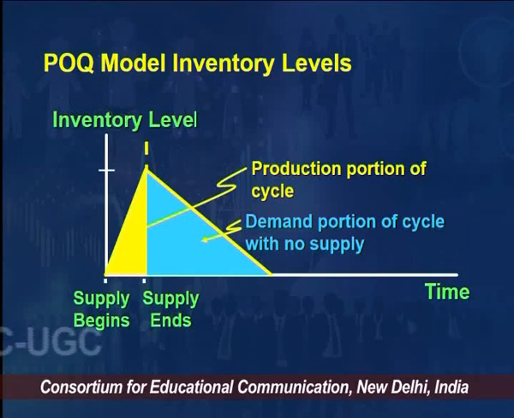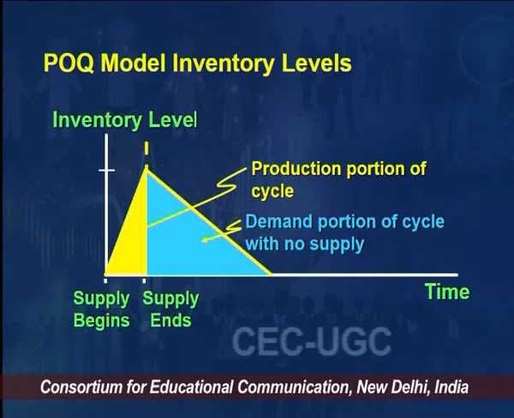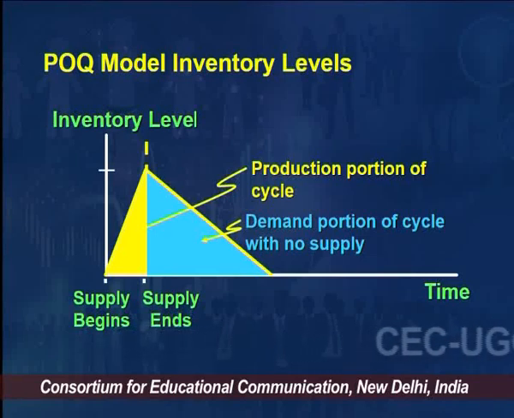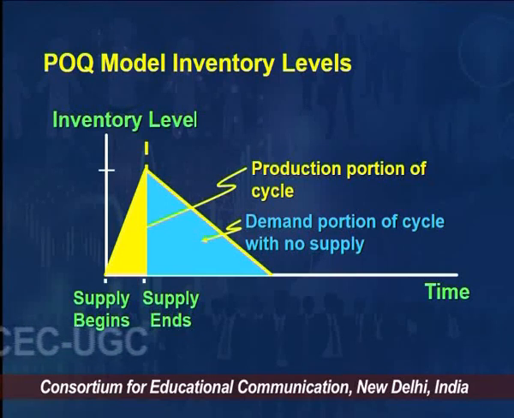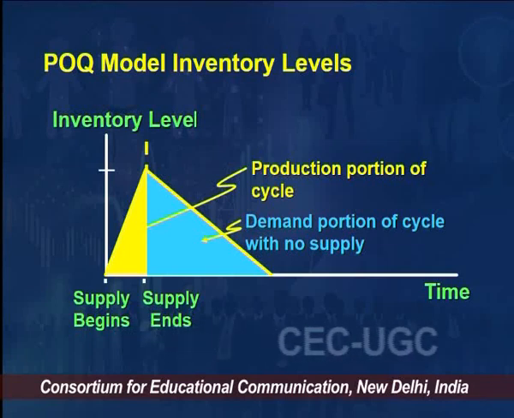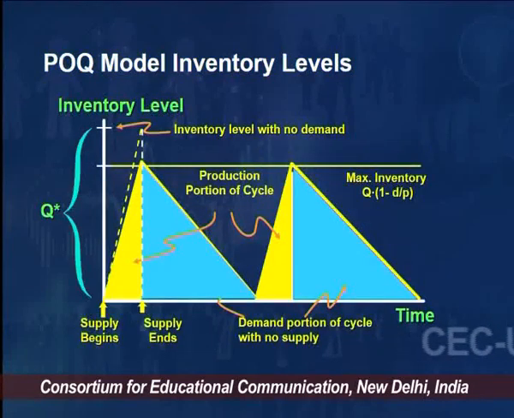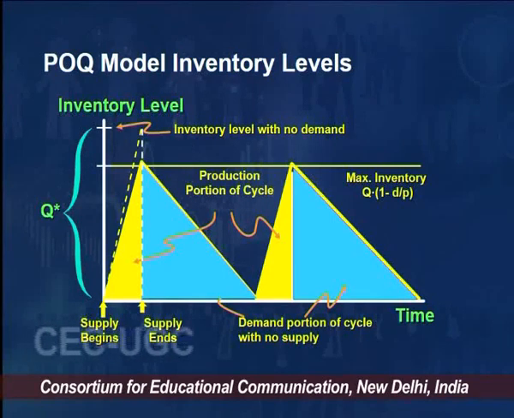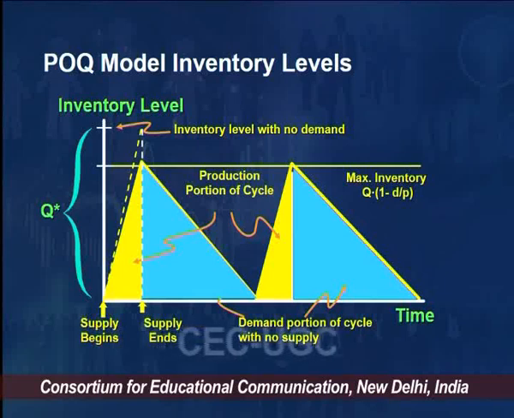The yellow portion is showing the production portion of the cycle, and the blue portion is showing that it has produced those items and then those items will be sold as and when the demand comes. Now in this second slide you are being shown these two similar kinds of triangles.